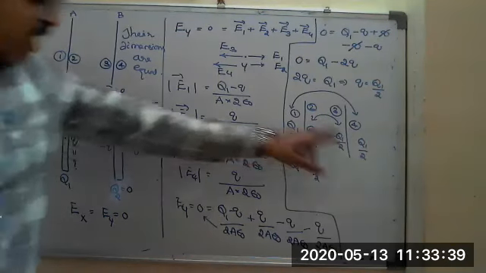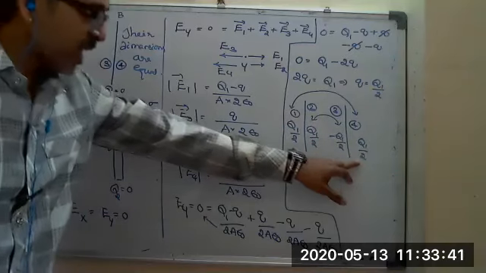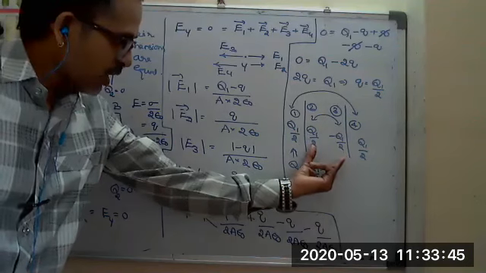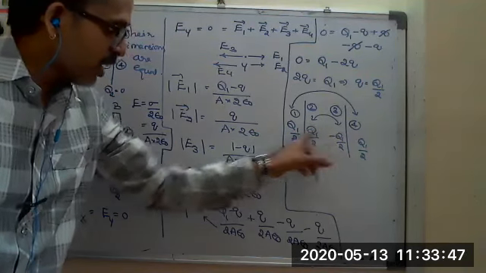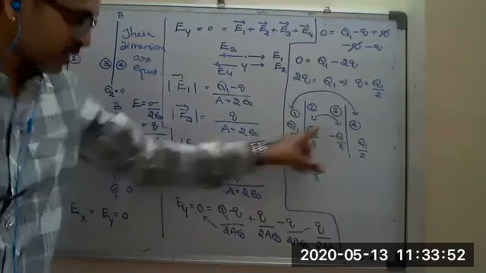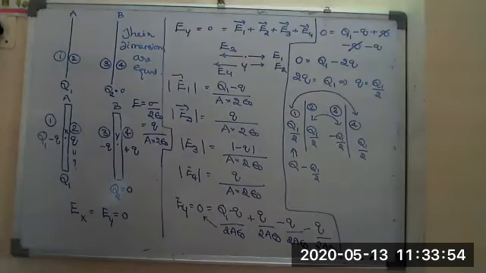The free ends have same charge, same sign, but the opposite ends have same charge, but the signs are unlike. Remember them as shortcuts. And here, today's class I'm winding up.